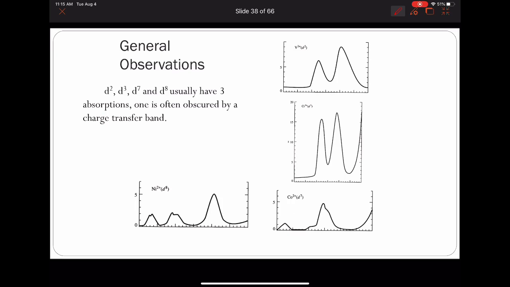So we have to be careful about our interpretation. We can't necessarily make claims about the electron configuration just based upon the number of bands that are observed. We instead have to think critically and chemically about our system to be able to evaluate what's going on.